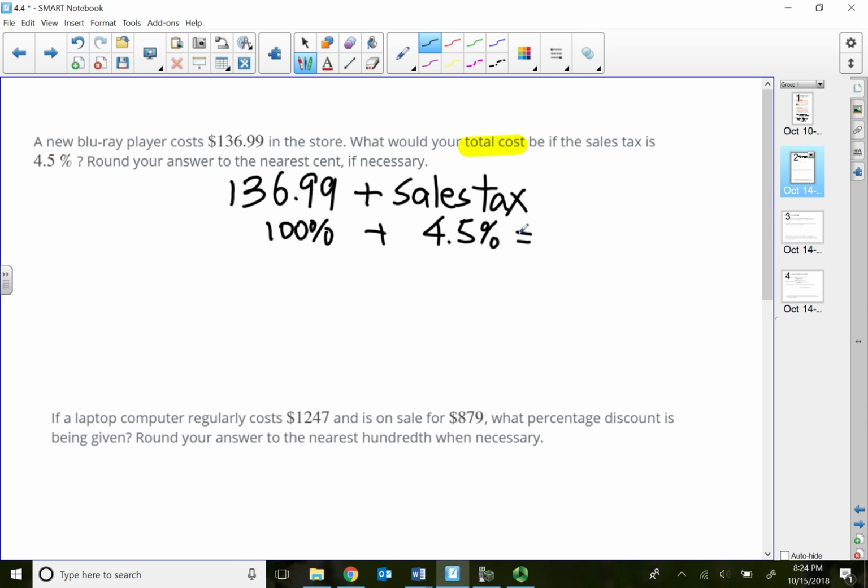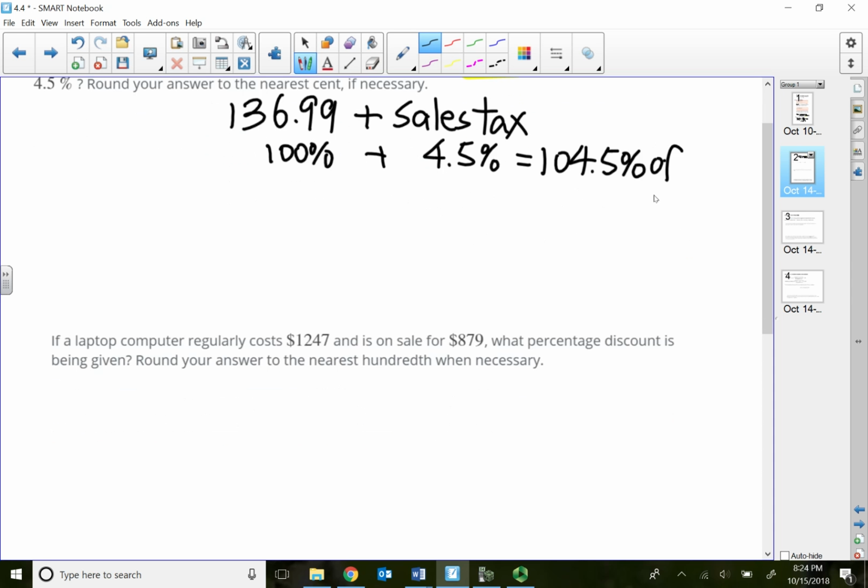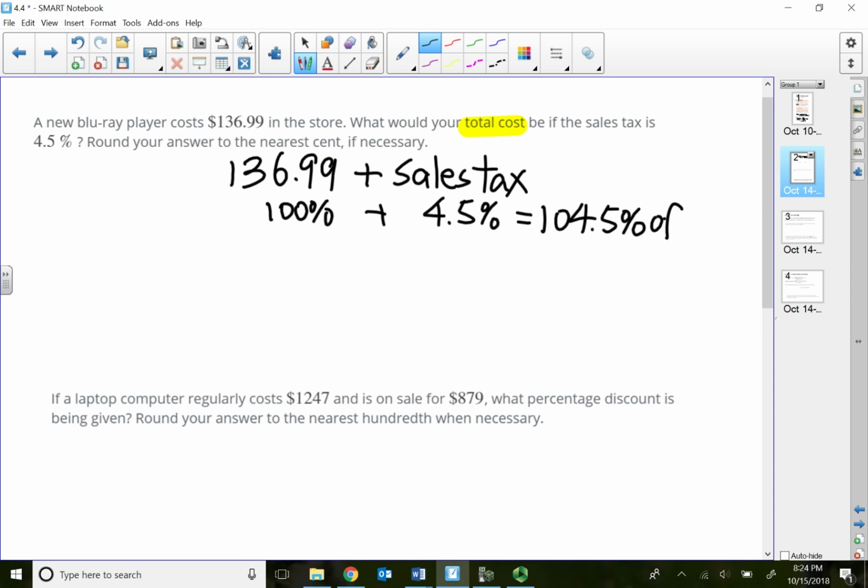So that means I will basically end up paying 104.5% of what I'm purchasing, $136.99.